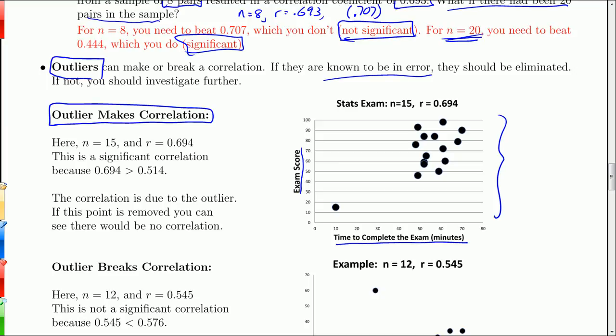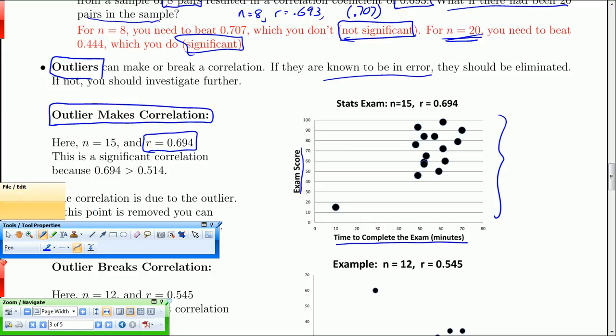And what you'll notice is somebody only took 10 minutes and they got like a 17. So this is like 10 and a 17. So they didn't do so well, and they didn't put too much effort into it. So that's basically an outlier to the rest of the class, which is over here. The problem is when you calculate the correlation coefficient for all 15, you get a correlation coefficient of 0.694.